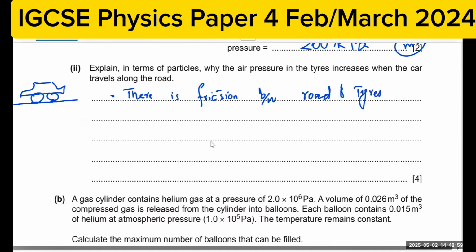First point, due to friction, we know that temperature is increased. Friction causes the temperature to increase. Okay.